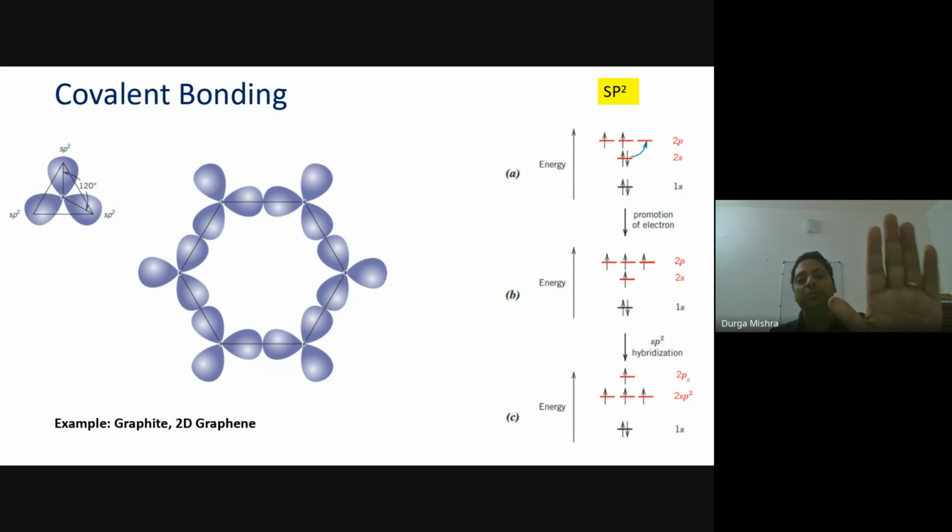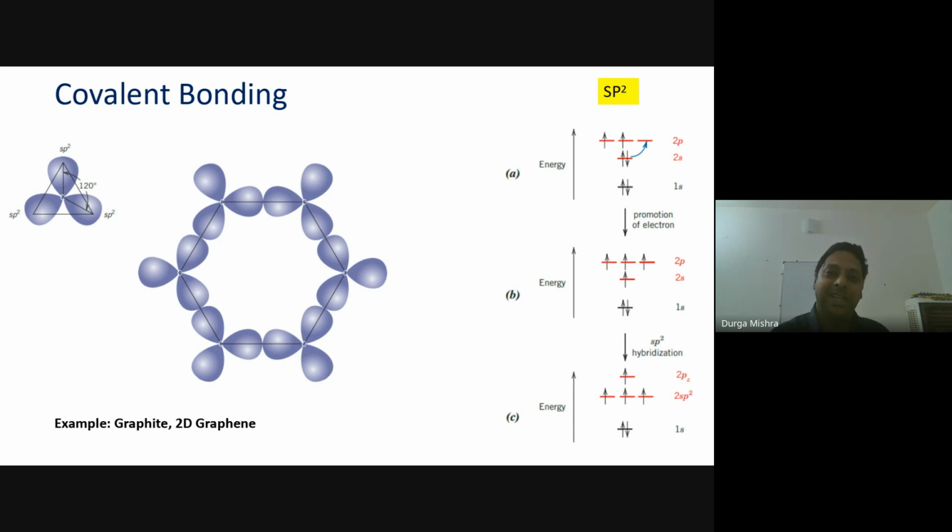You can also imagine there will be another same hexagon over it, and this is how it extends on top of each other, and then there will be a very interesting kind of bond between the layers, which is nothing but the van der Waals interaction.